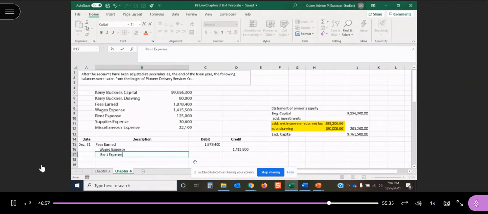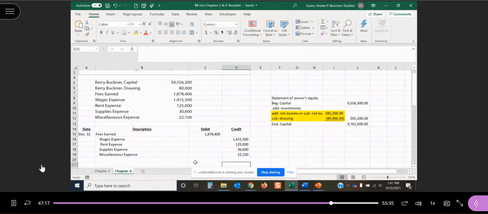Same thing with my rent expense, my supplies expense, and my miscellaneous. So we just closed my revenues and my expenses. So 2 out of my 3 that make up that term red. So we've closed those out.